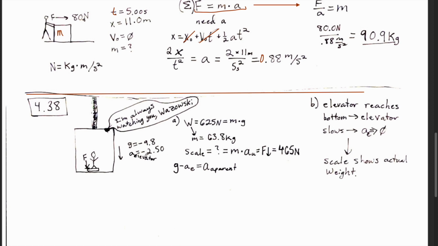In this case, the apparent acceleration is negative 7.30. So the apparent acceleration is negative 7.3, because it's this one minus that one. Putting that in here, putting the mass in there, this is the number you get.